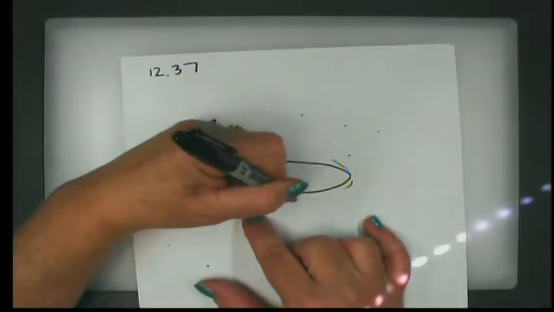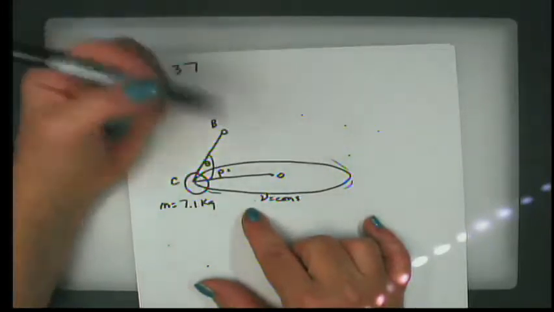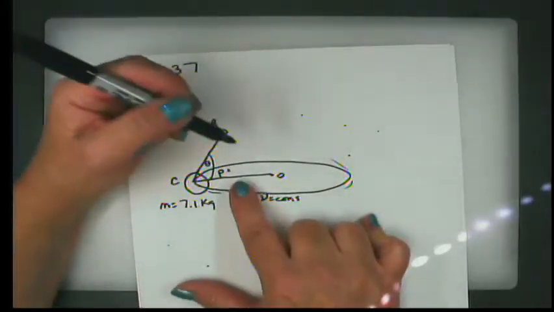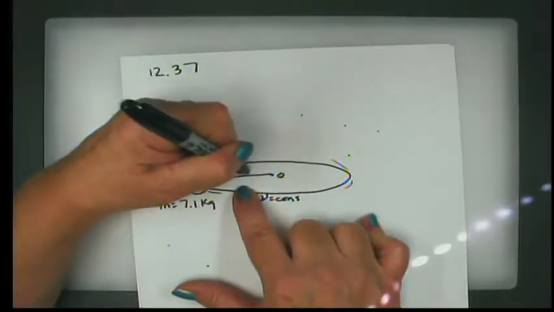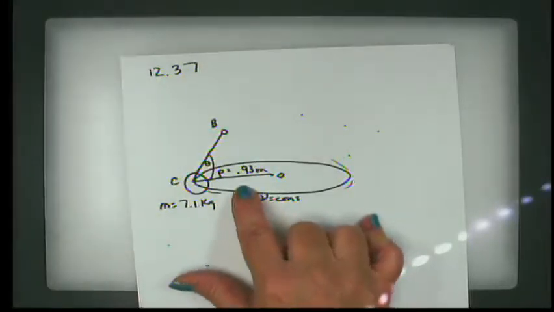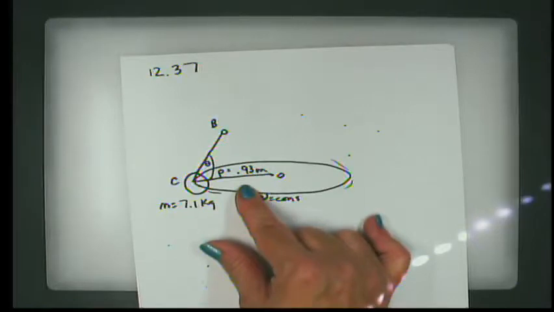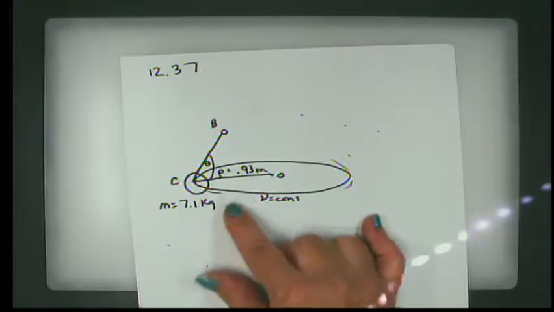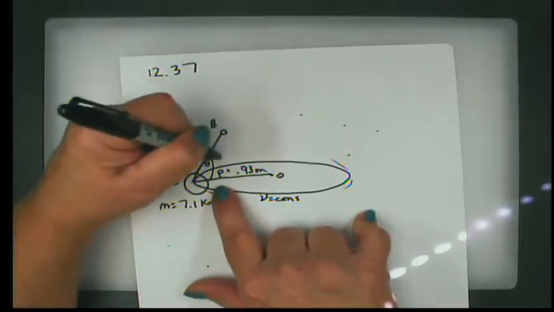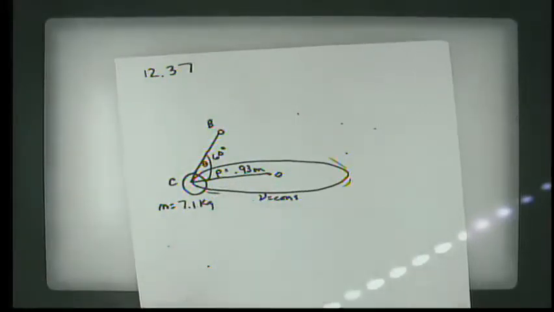So v is a constant in a horizontal circle. We're told that the radius of the circle, which is also the radius of curvature, is 0.93 meters, and he keeps it at an angle of 60 degrees.